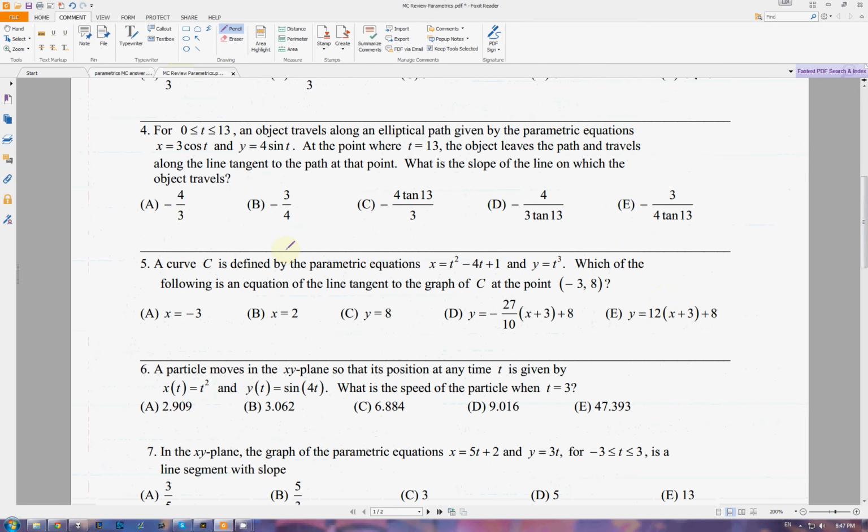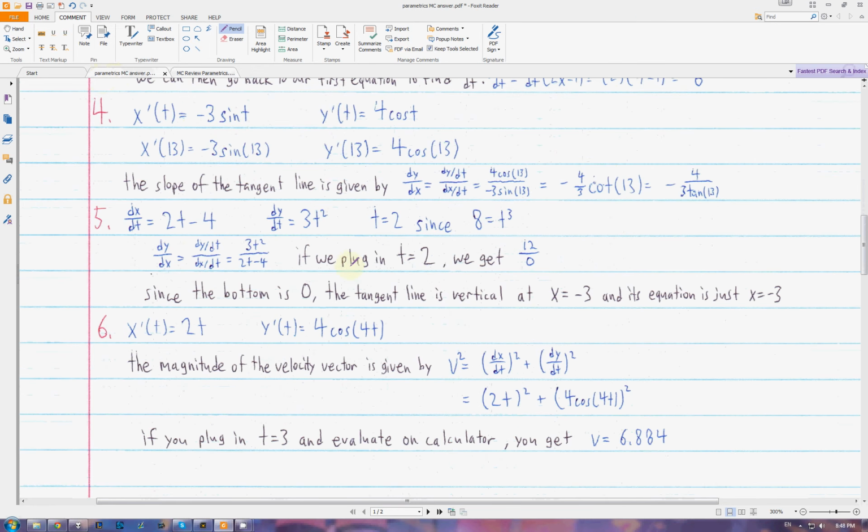Question number 5 is again just the slope of the tangent line. So we just find dx/dt and dy/dt, and then divide dy/dt by dx/dt.